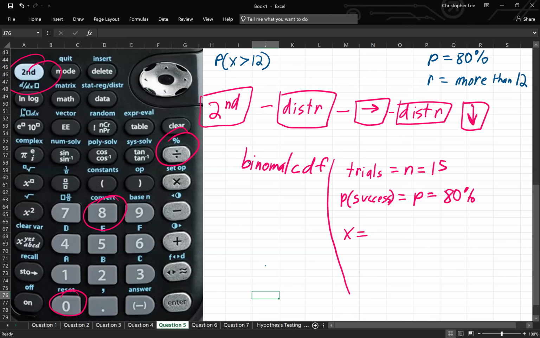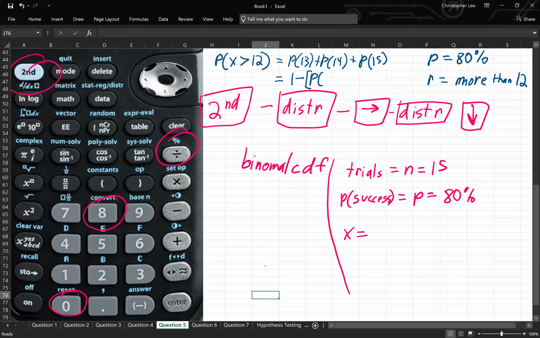So remember, greater than 12 was what numbers? Not 11, you're close though. It's going to be 1 minus the probability of what? I want 13, 14, 15, but the calculator can't give me 13, 14, 15.